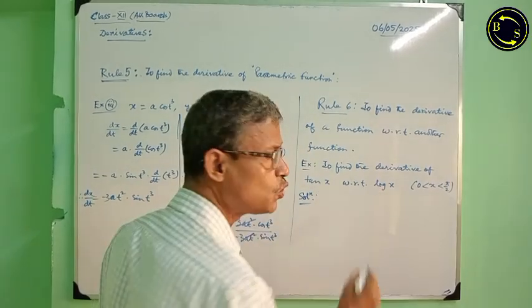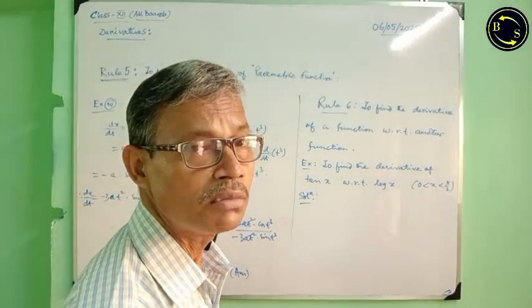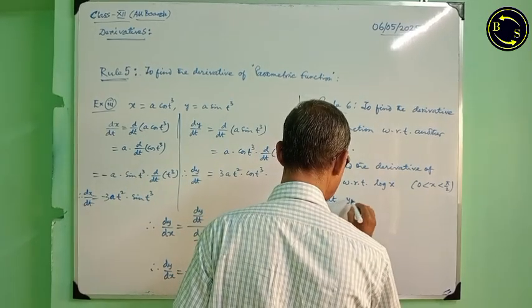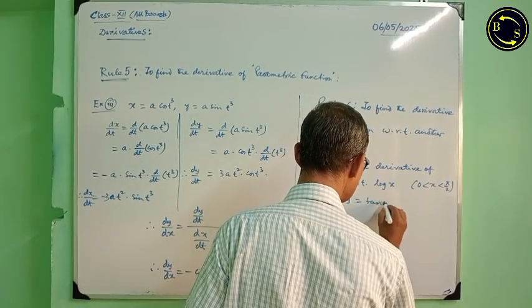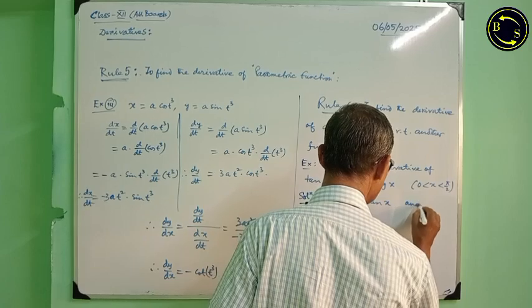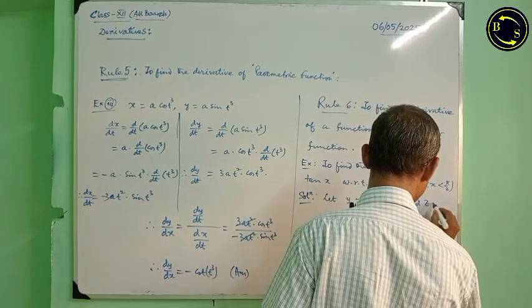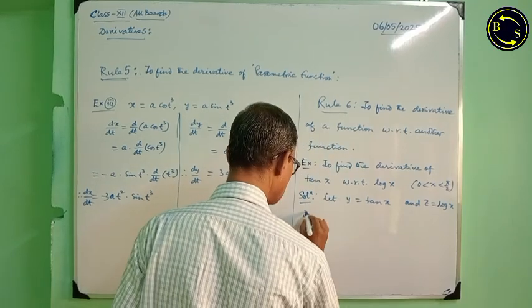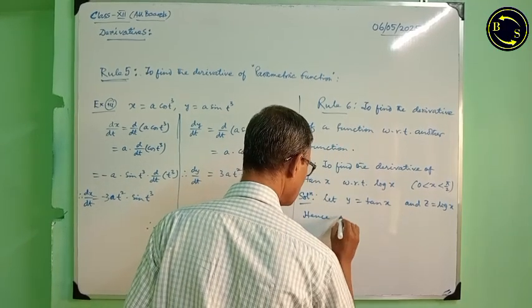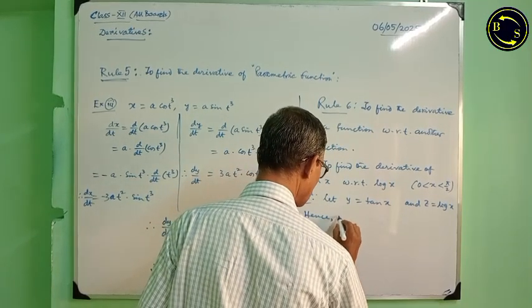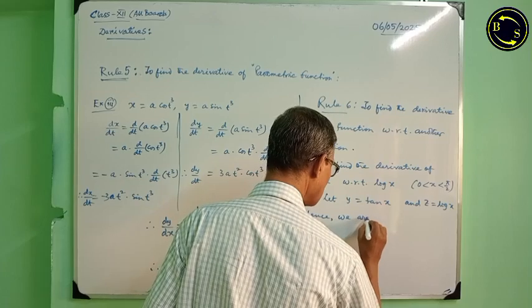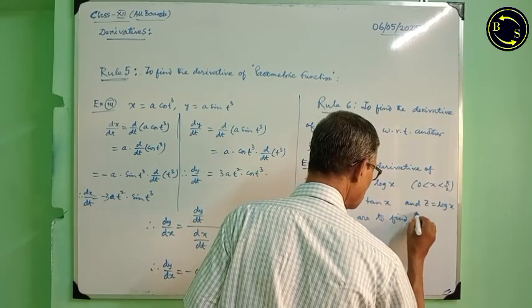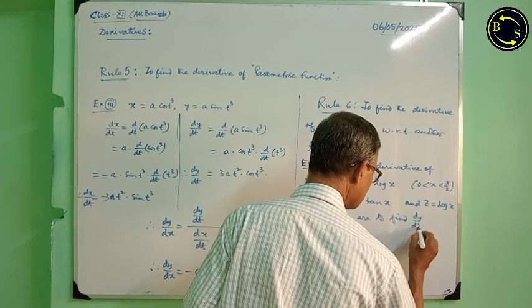First we take these two as new variables. Say let y equal to tan x and z equal to log x. Hence, we have to find dy dz.